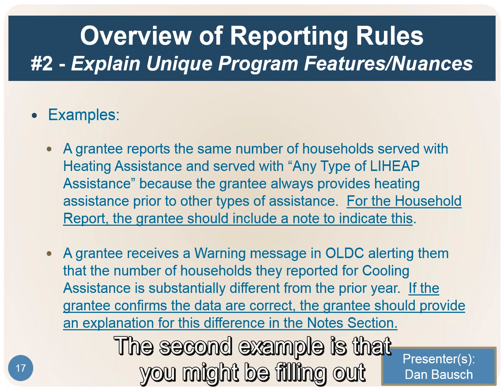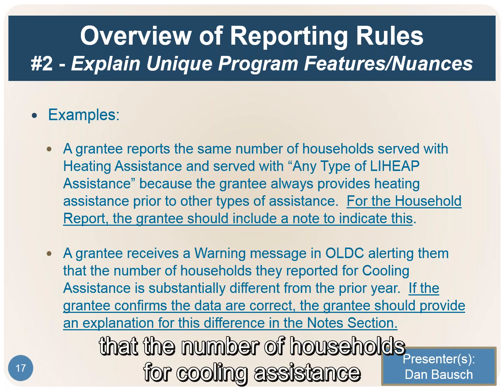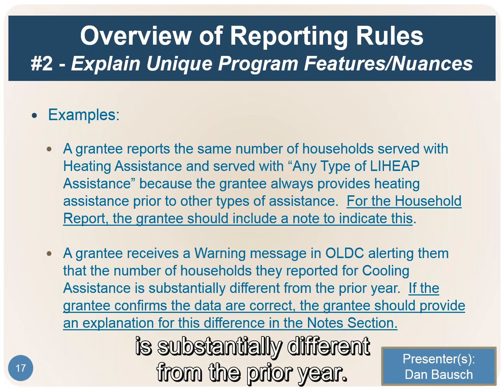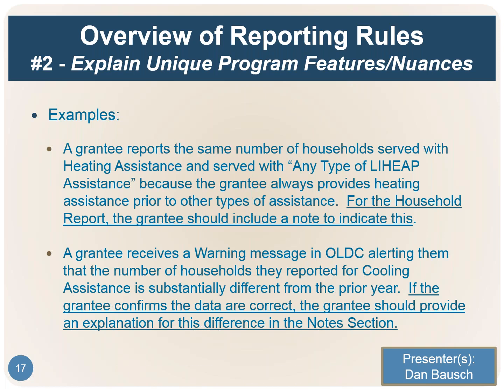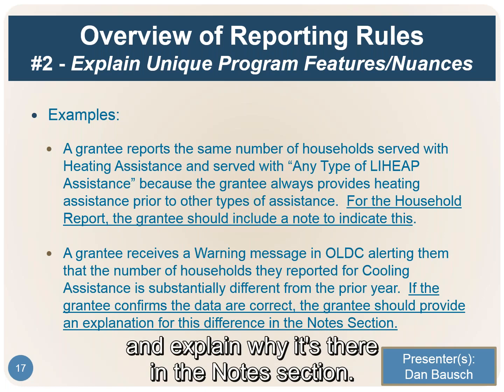And the second example is that you might be filling out your report and validate it and get a warning message in OLDC that the number of households for cooling assistance is substantially different from the prior year. That would be a situation where you would want to investigate that difference and explain why it's there in the notes section.